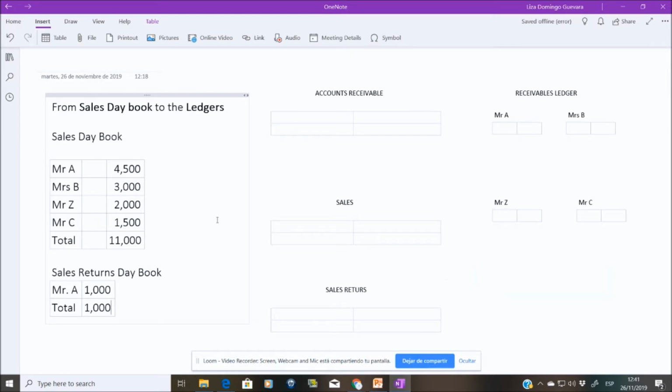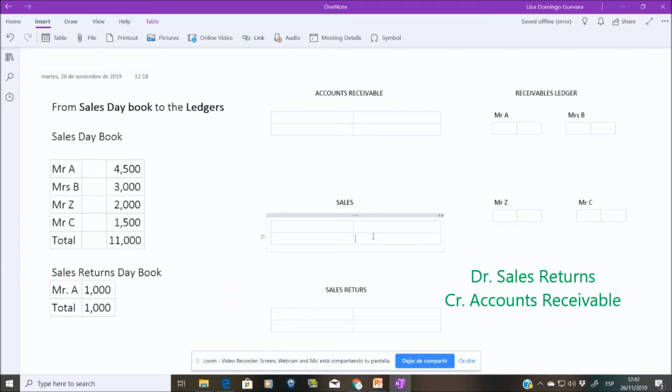At the end of each month, we will record the total to our accounts receivable and to our sales account. If there are sales returns, we'll record the sales returns and credit it to our accounts receivable.